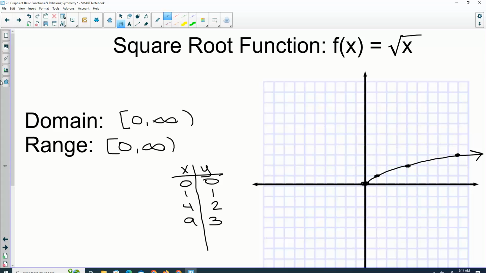Questions on that one? What is this one doing? It's increasing. Where does it start? And goes to infinity.